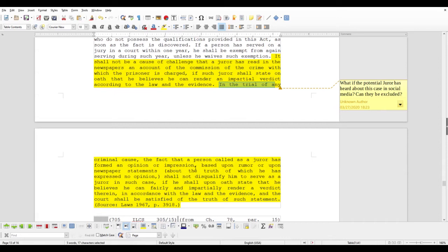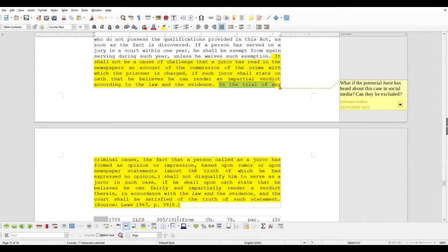It says newspaper, but you have to understand this is an old act. It probably should be updated. It says newspaper. Let's be real. The newspaper was social media in the 80s. It was social media in the 70s, right?